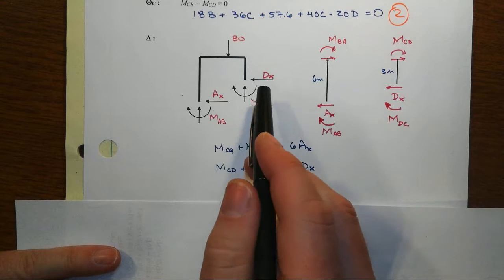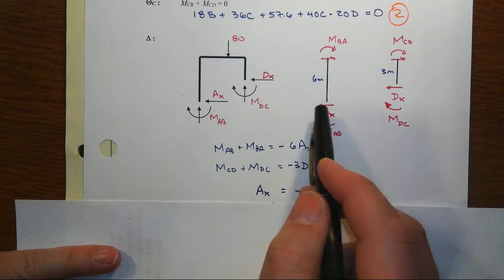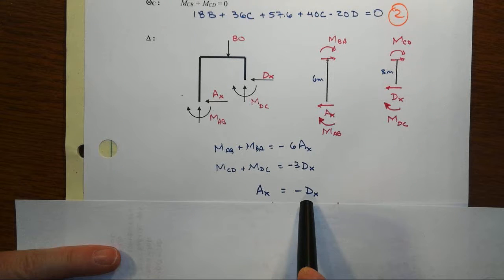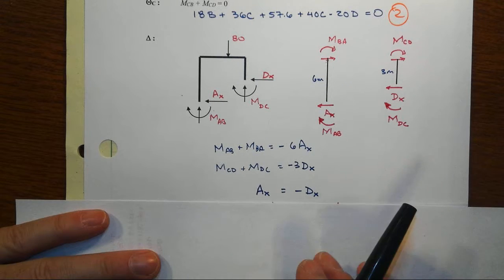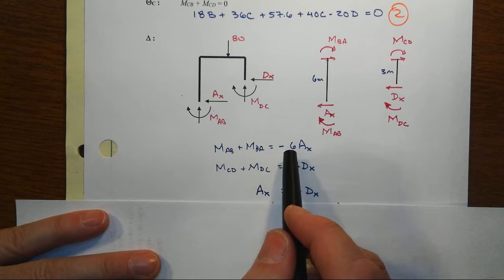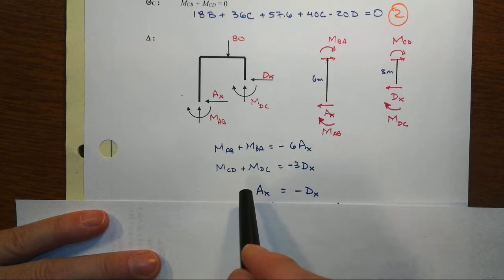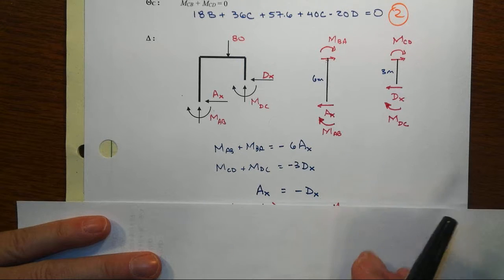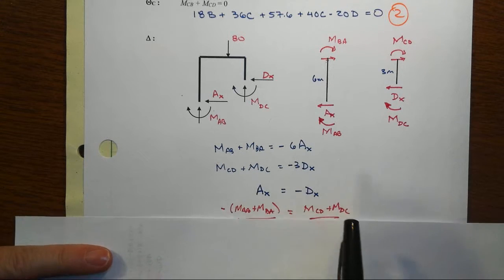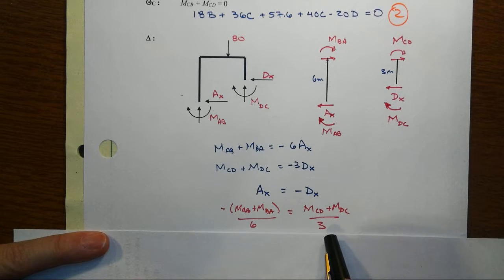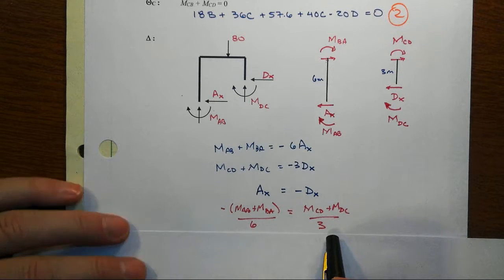And then we go back to the global free body diagram, the way things are shown, and we have been consistent. Then AX is equal to the opposite of DX. So that allows us then to substitute in terms of member end moments. That AX is equal to the sum of these two divided by -6, and then the other one we only have to divide by 3 to get to the substitution that we really want.